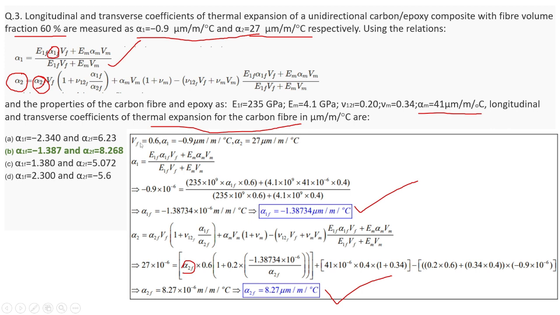If it is not coming the same, then you go to option B. If you find it very difficult to solve directly, that is the indirect method, where you check from the options if it is coming correct or not. That's what I'm saying.